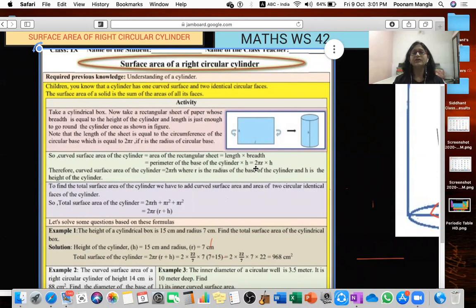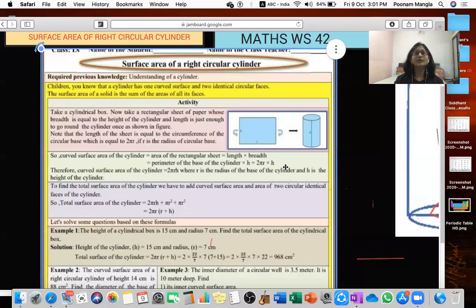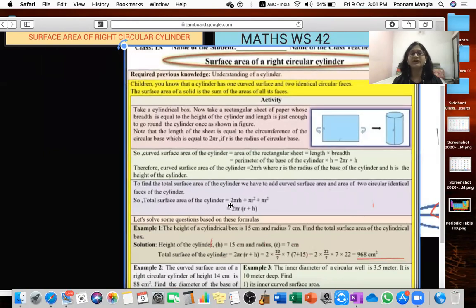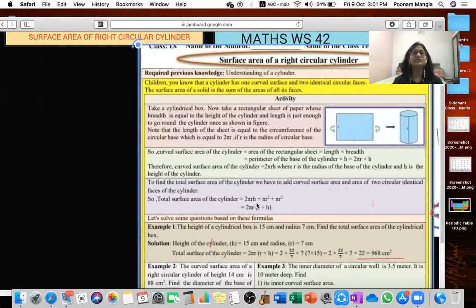It will be 2 pi rh, 2 pi r into h. Okay, so now if I calculate the total surface area of the cylinder, that comes out to be 2 pi rh plus pi r square plus pi r square.